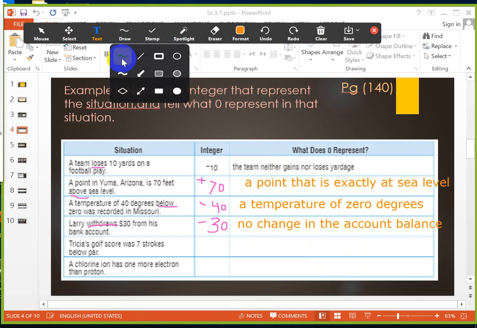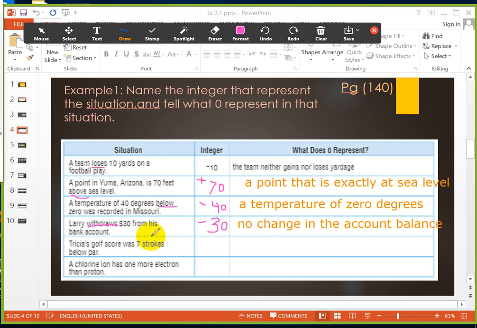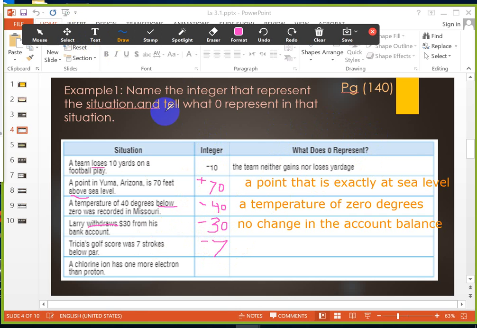Below means under zero. That means she lost 7 strokes. Thank you, girls. Excellent. This is a negative quantity, minus 7. And what does the zero represent in this situation?